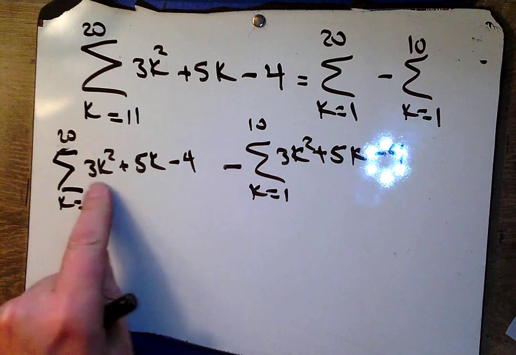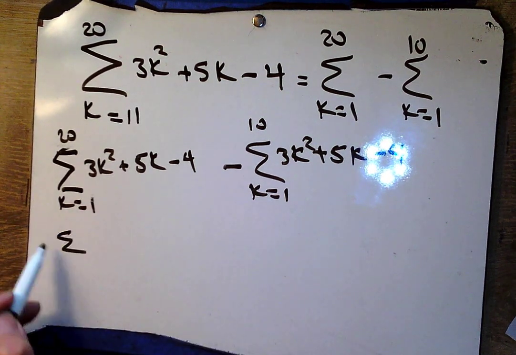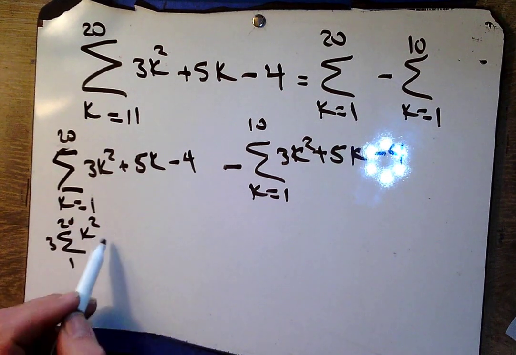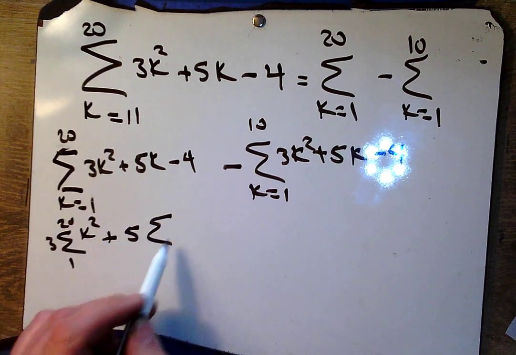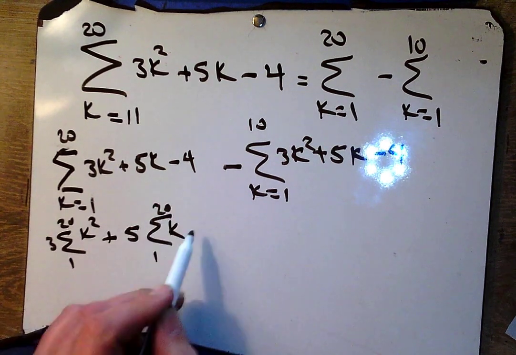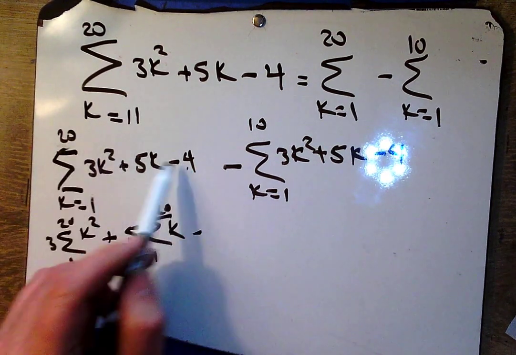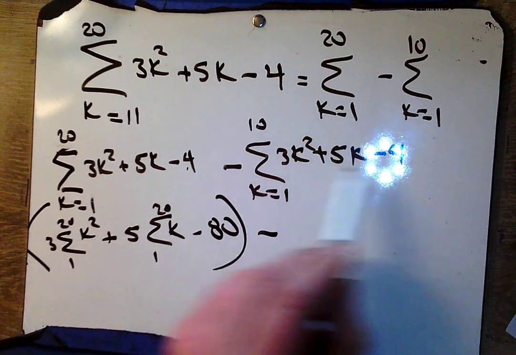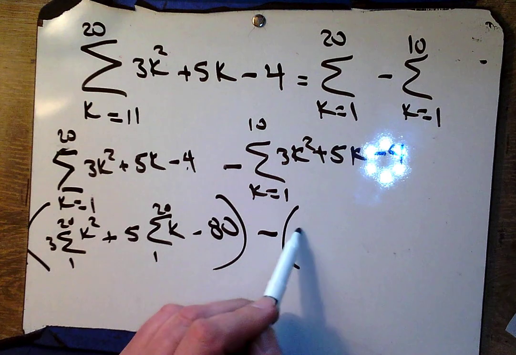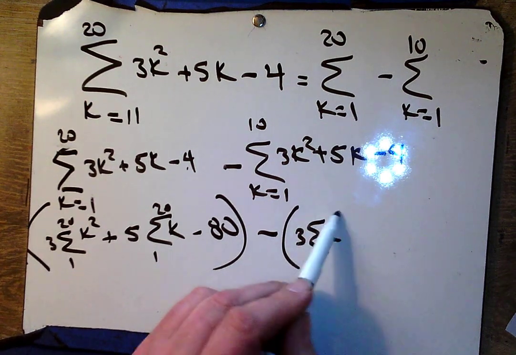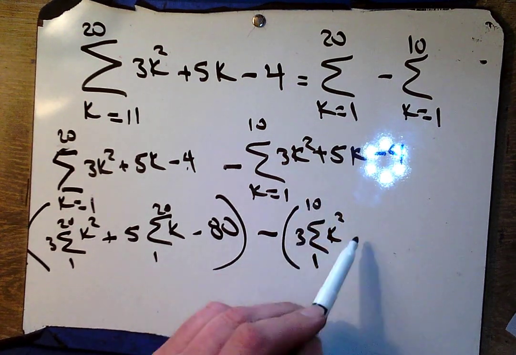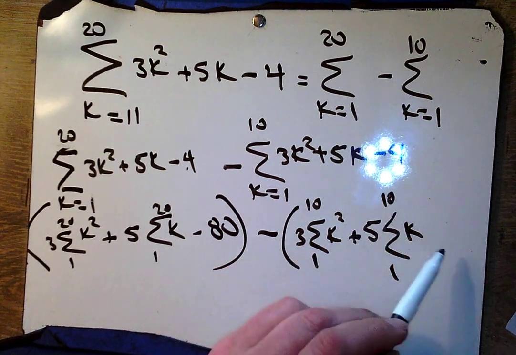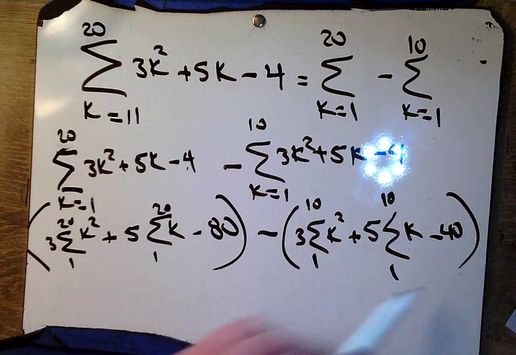Now this gets split up into 3 different sigmas. 3k squared from 1 to 20 plus 5k from 1 to 20 minus, we could just do that, right? Minus all of these split up. 3k squared from 1 to 10 plus 5k from 1 to 10 minus 40.